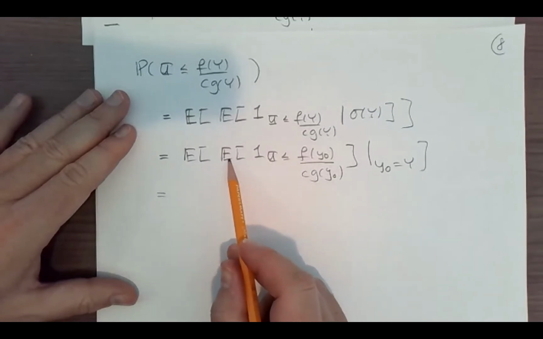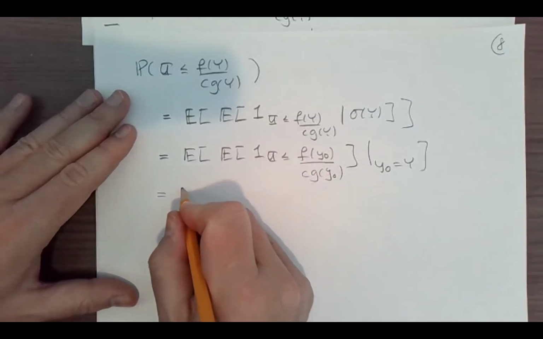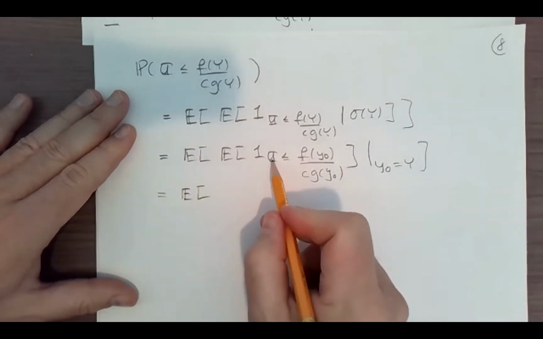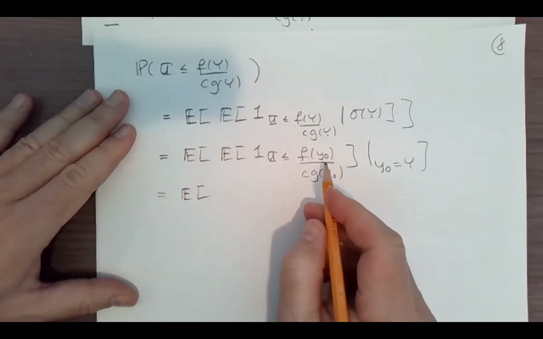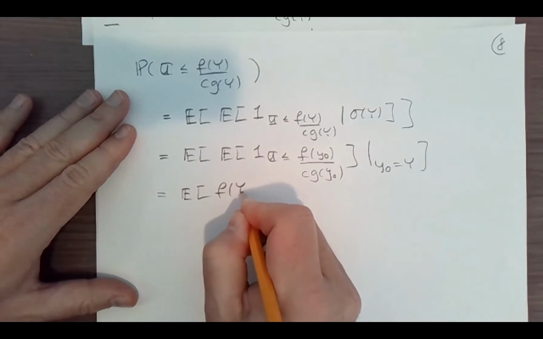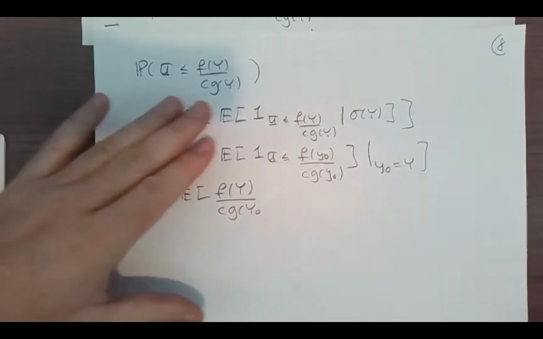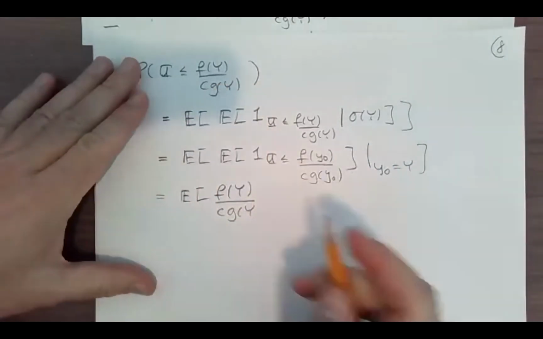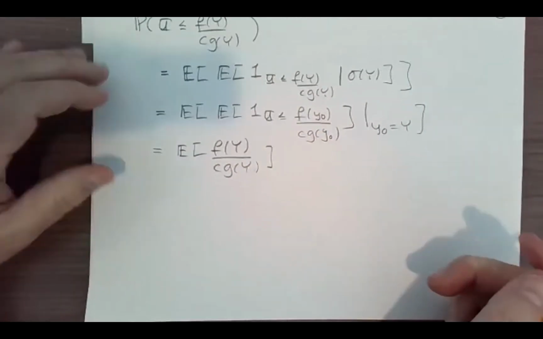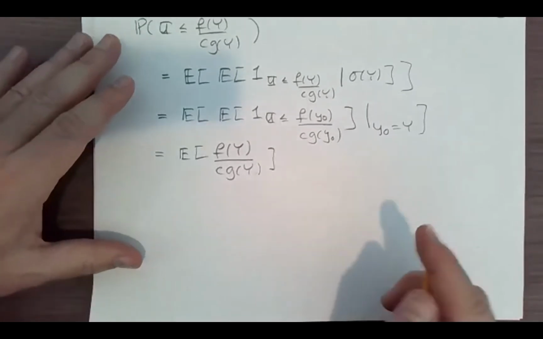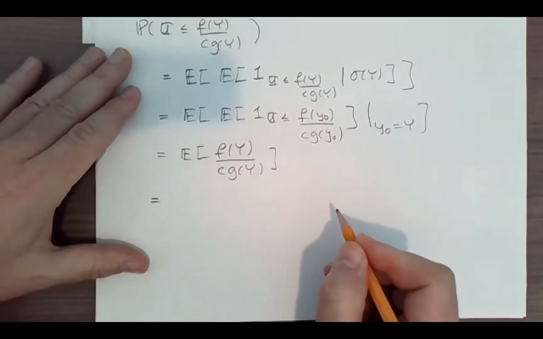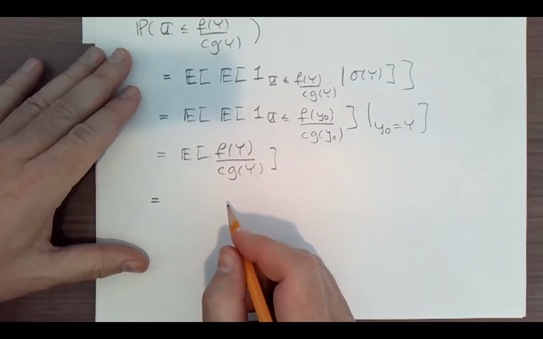this is the probability of the set. U was uniform. This is a number between 0 and 1. I'll get f of y divided by c g of y. And then I'll use the fact that Y has density g.